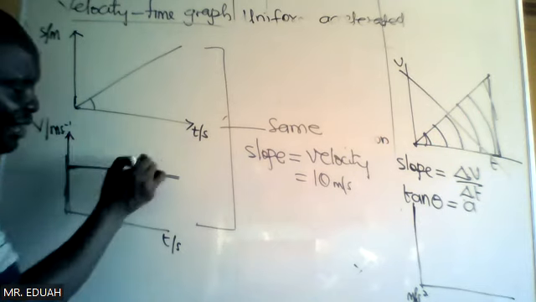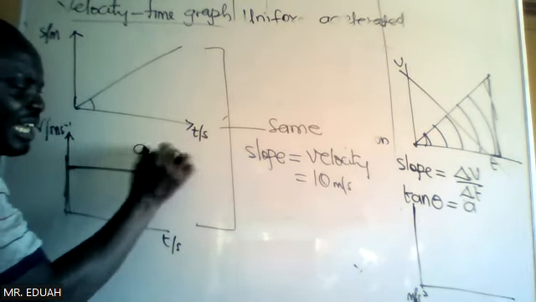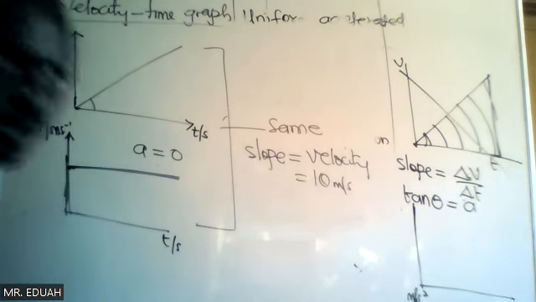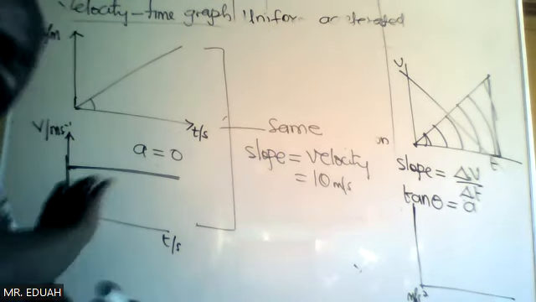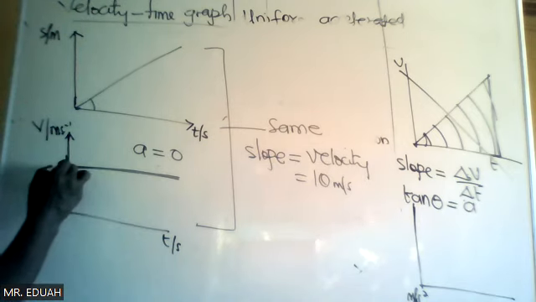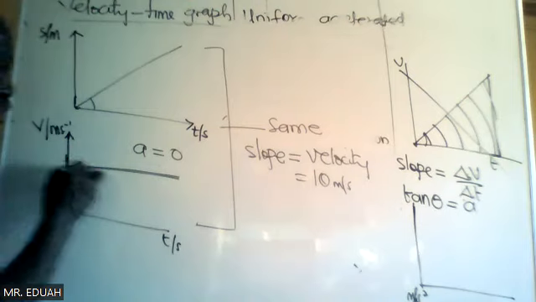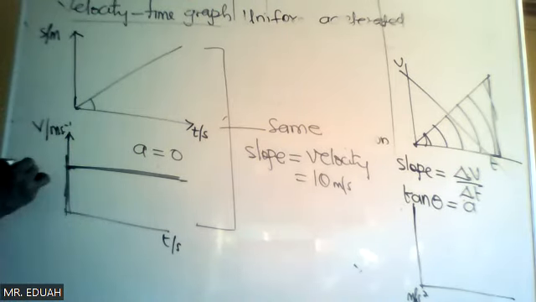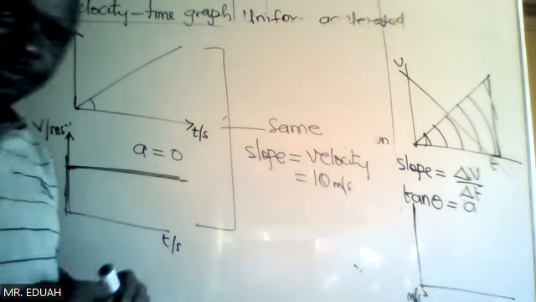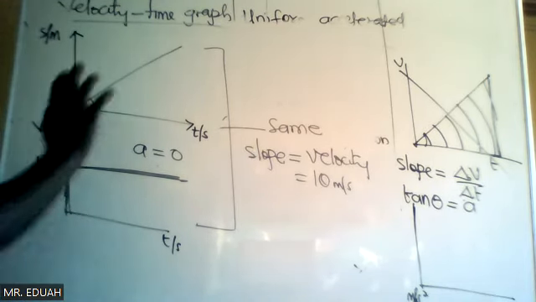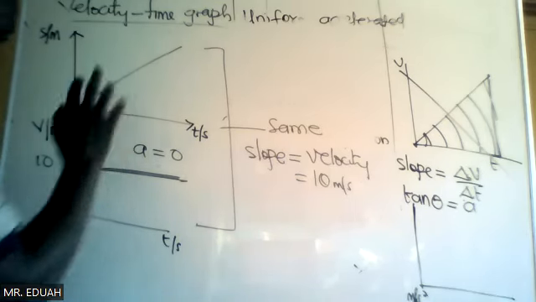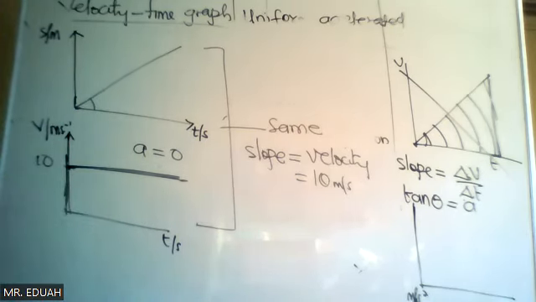This is also a graph whose acceleration is not changing. The acceleration is actually 0 because its speed is not changing. If the acceleration is 0, then the body's velocity is constant, the same value, maybe 10 meters per second. So this is the twin brother or sister of this one. They are the same graphs.